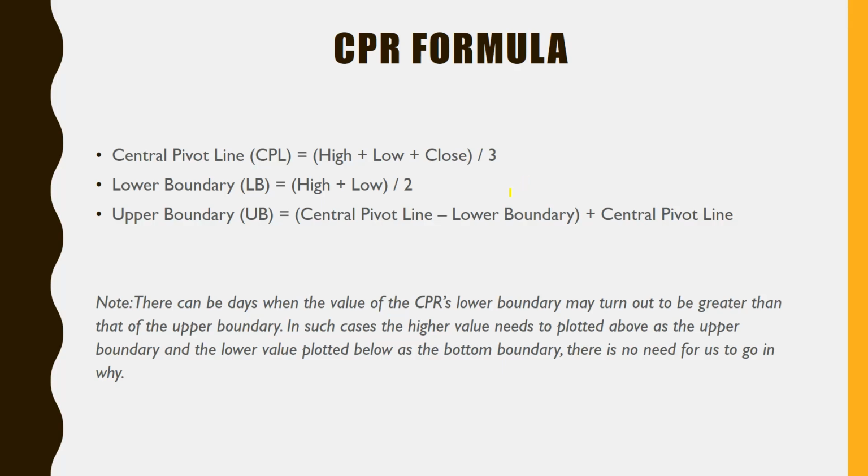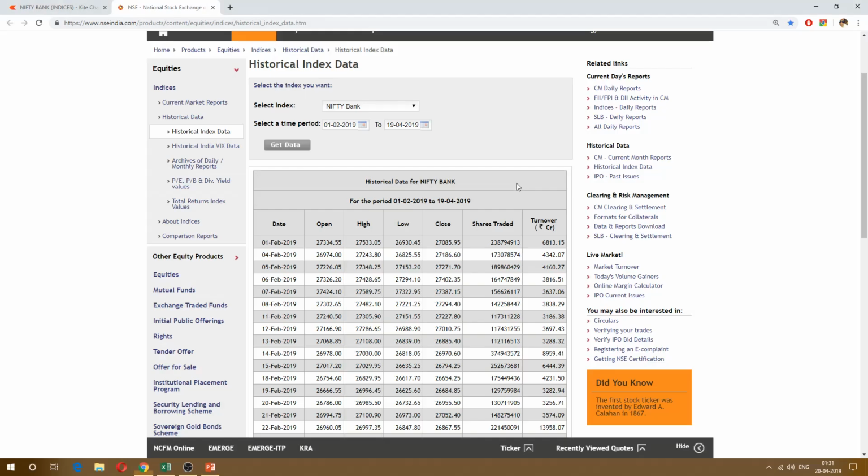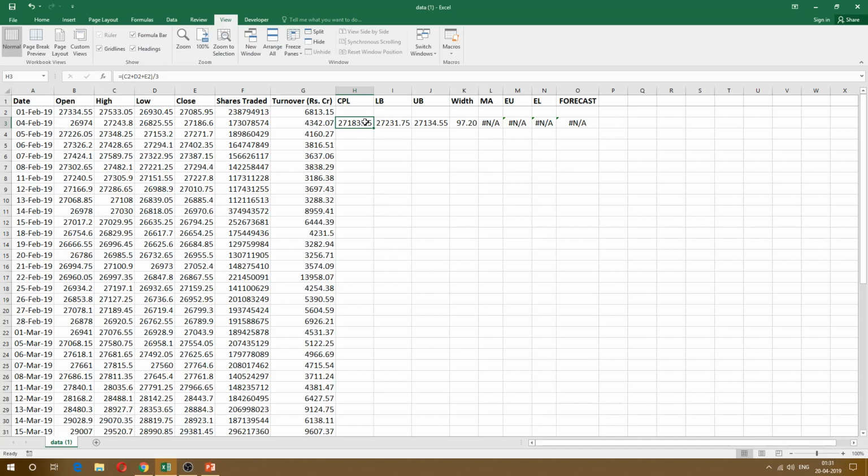This is calculated based on the previous day's values, because we are calculating the pivot line for the next trading session. That's how we are forecasting what is going to happen next day. So the central pivot line is high plus low plus close divided by 3. See, easy. Then you press enter.